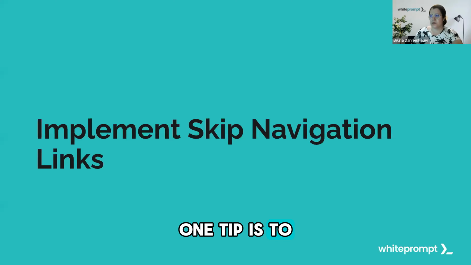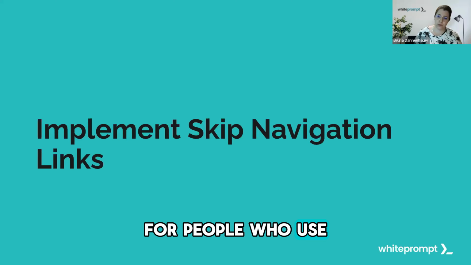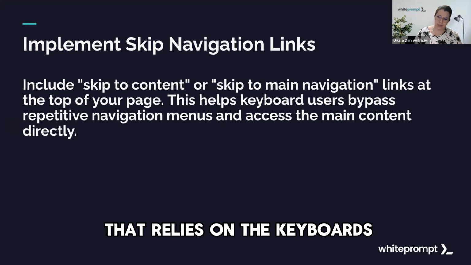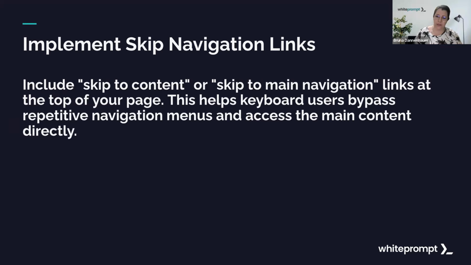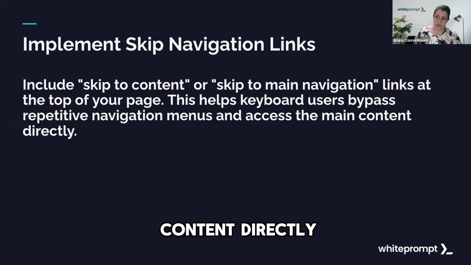Second tip is to implement skip navigation links for people who use screen readers, right? Because that helps someone that relies on the keyboard to skip repetitive navigation and go to the main content directly.